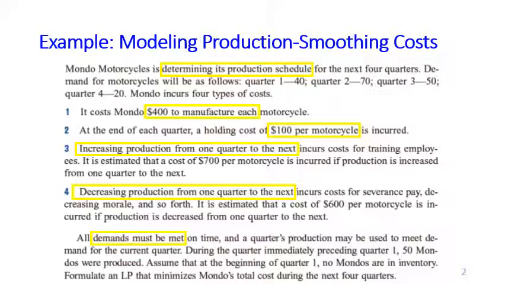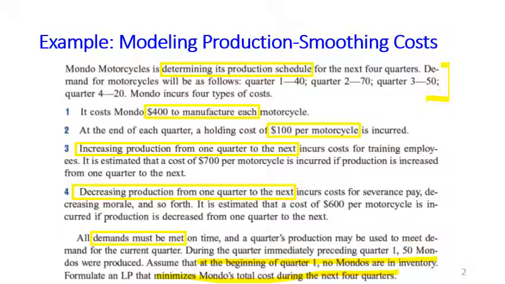So these are the constraints, that the demand for each period must be met on time. And then this problem wants us to minimize the total cost during the next 4 quarters. And then also it has the information that at the beginning of quarter one, we do not have any motorcycles in the inventory.